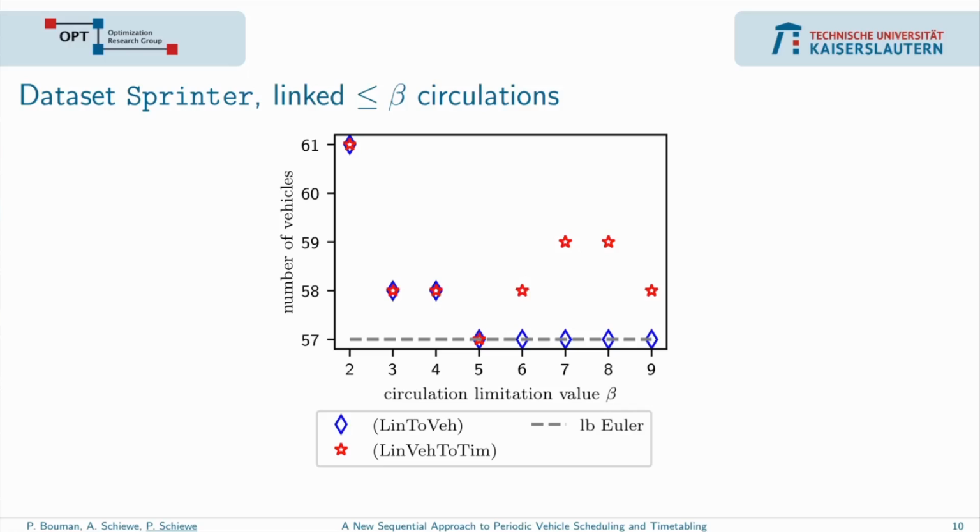And as we are attaining these lower bounds when we are using circulations of at most 5 lines, and this is attained not only by the vehicle scheduling problem, but also by the timetabling problem, we know that we actually found an optimal solution for a timetable with minimal number of vehicles.